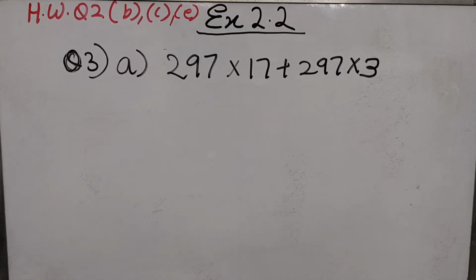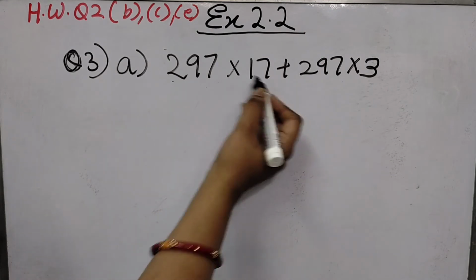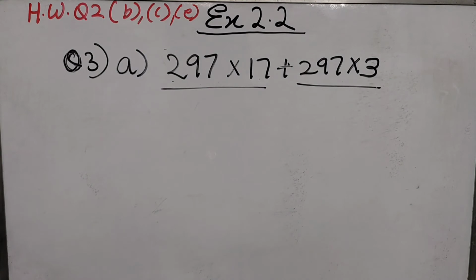This question includes our property of distributivity of multiplication over addition. You can see 297 is common in both the terms on either side of the plus sign.